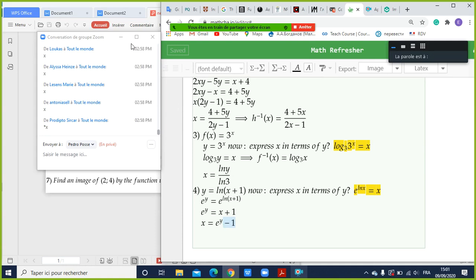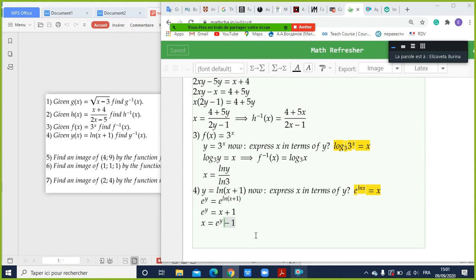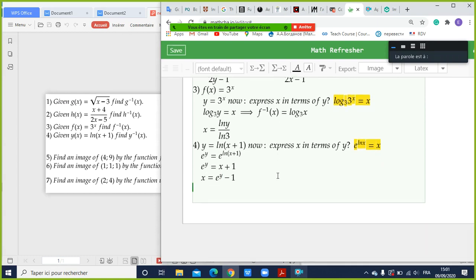Okay. I think it's fine. So if you still have troubles with this exact example or with inverses in general, you should ask me about it, formulate your question, and I'll try to help you with that.